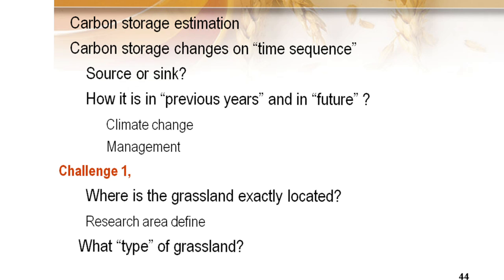That is the trend, where we want to see the carbon change in the last 20 or 15 years. We want to know whether the grassland is a source or a sink, how it looked in previous years and how it is going to be in the future. In this part, we need to integrate climate change and management.